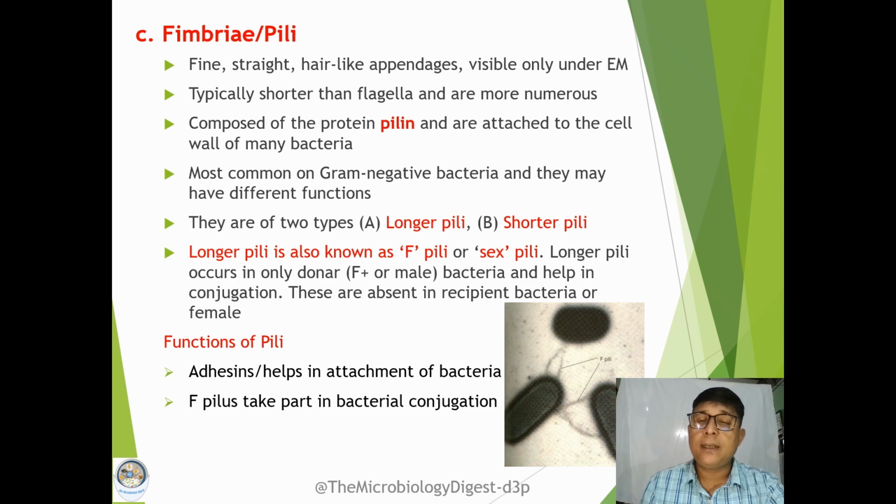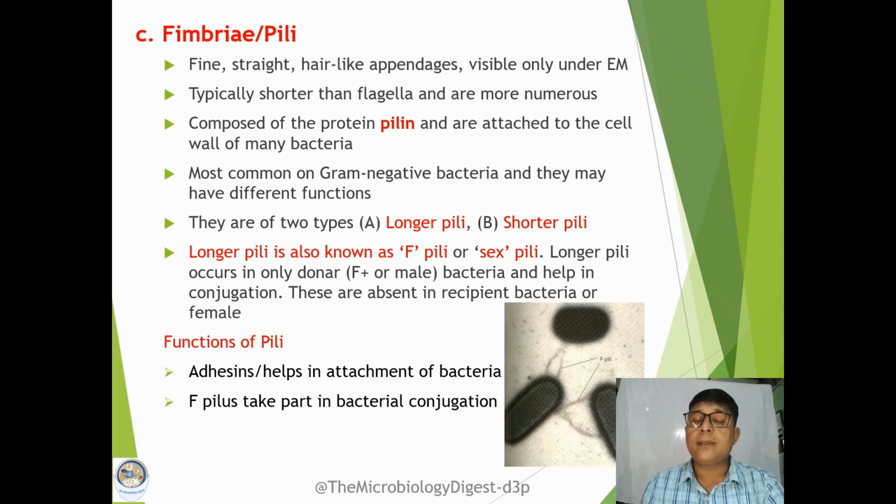Whenever there are flagella, specific numbers will be there, but Fimbriae or Pili are more in number than flagella. Like flagella, these structures are composed of the protein pilin, and in most cases they are attached to the cell wall of many bacteria.